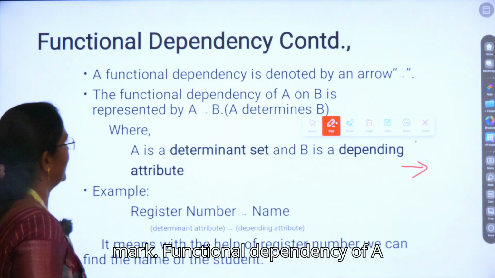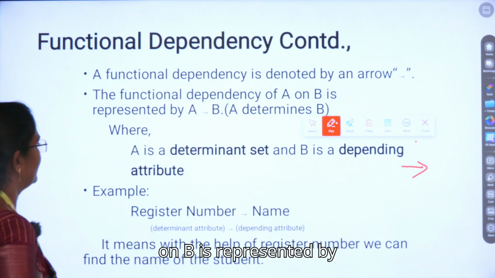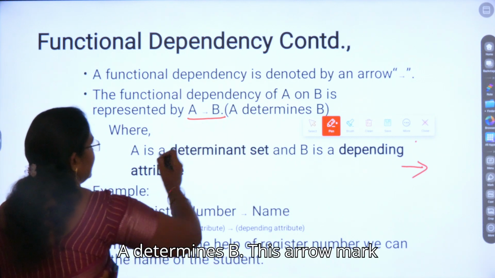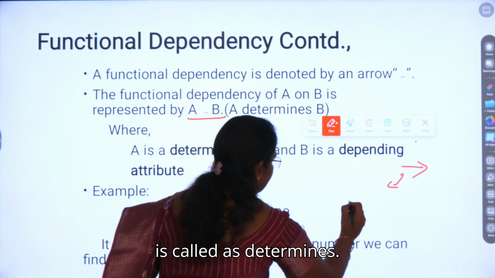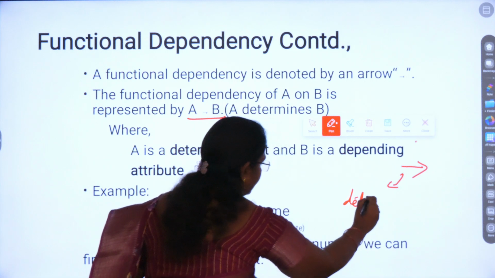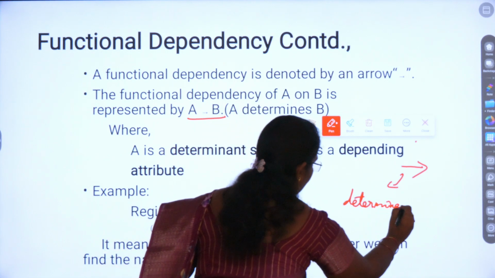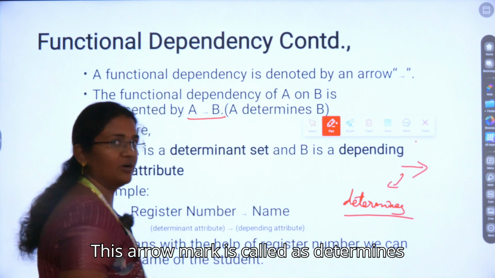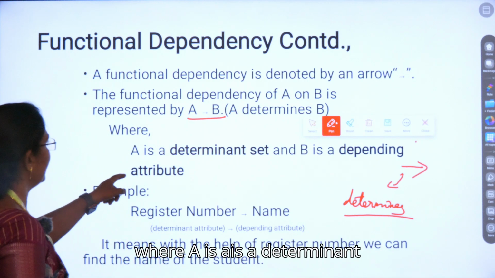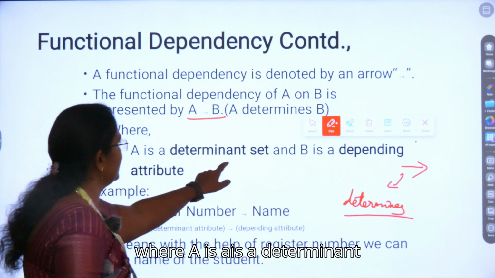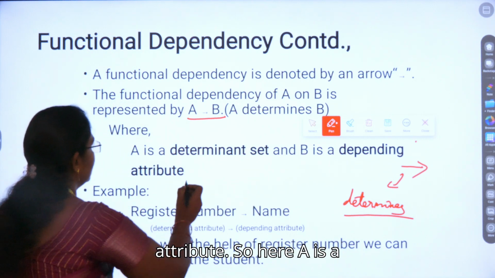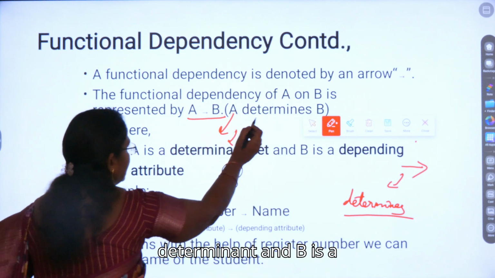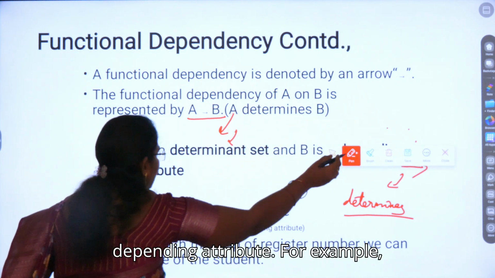Functional dependency of B on A is represented by A determines B. This arrow mark is called determines, where A is the determinant set and B is the depending attribute.